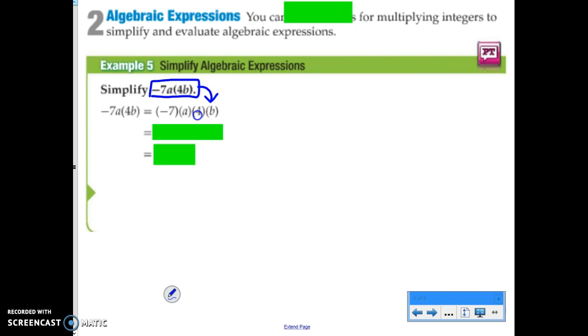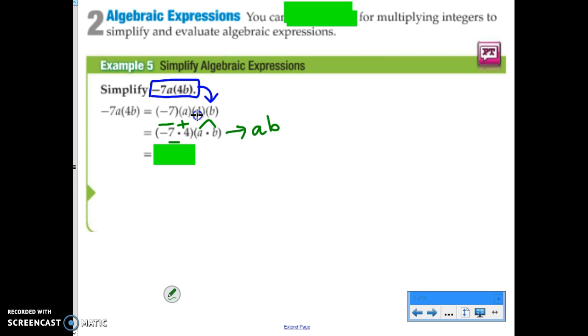They're just separating each one of those variables and those integers by parentheses, indicating multiplication there, okay? The next step then would be to use that associative property of multiplication and rearrange your expression so that way you're multiplying your integers together first. We know that a negative and a positive together really equal a negative, and I know that I can multiply a times b and have that represented as ab, okay?